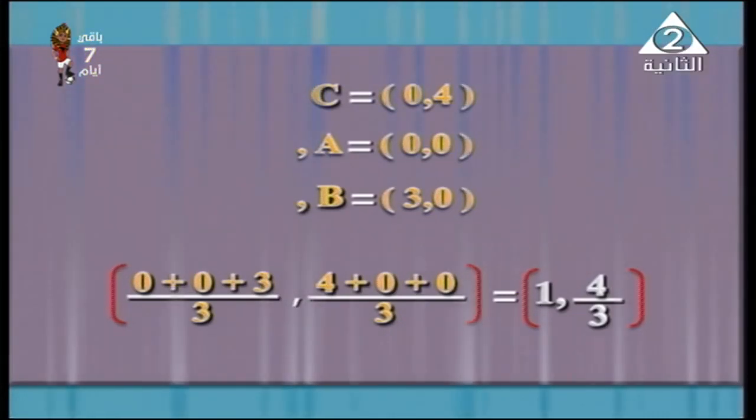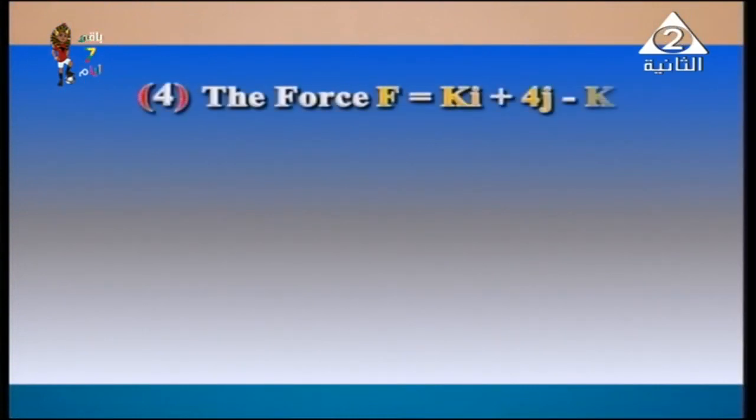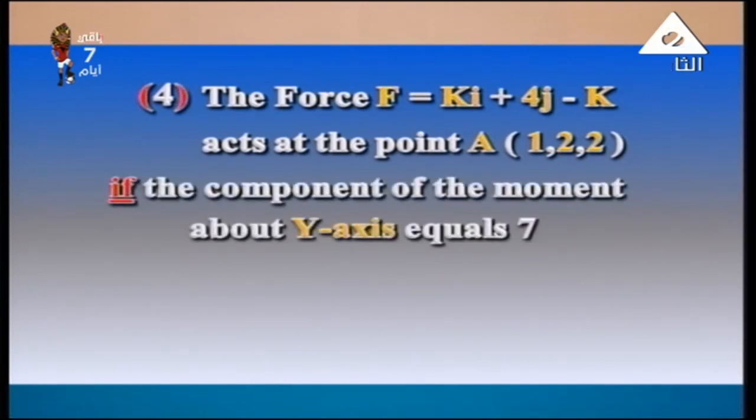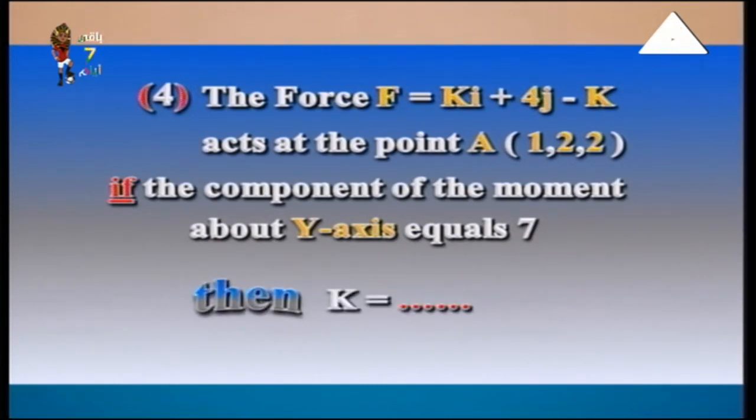The force F equals K i plus 4 j minus K k acts at point A (1, 2, 2). The component of moment about the y-axis equals 7.